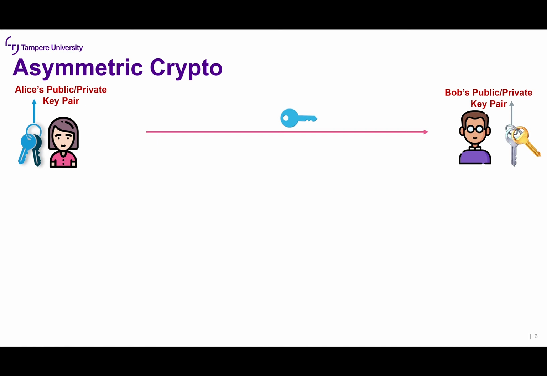So she sends it to Bob. In any case, keep in mind that Bob knowing Alice's public key doesn't affect Alice's confidentiality. Good. Now Bob will do exactly the same thing, so he will contact Alice by sending her his public key.